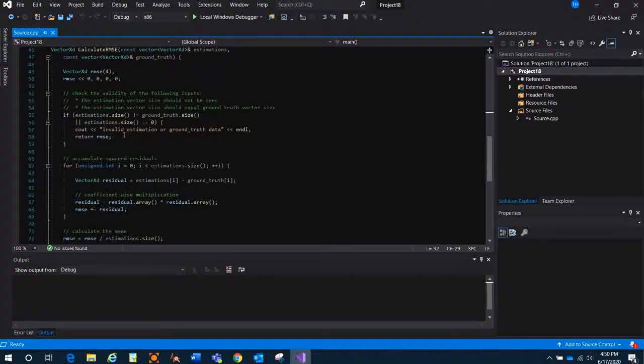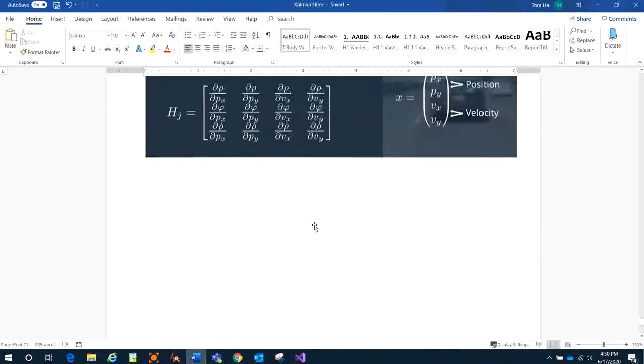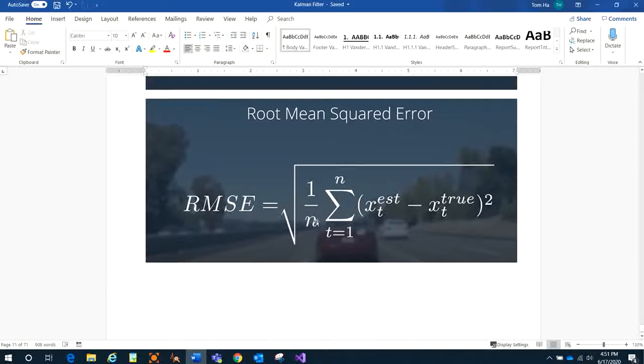And you see, if the estimation and ground truth are different sizes, it returns an error, right? If they are the same size, we apply the formula, and this value has to be really small.